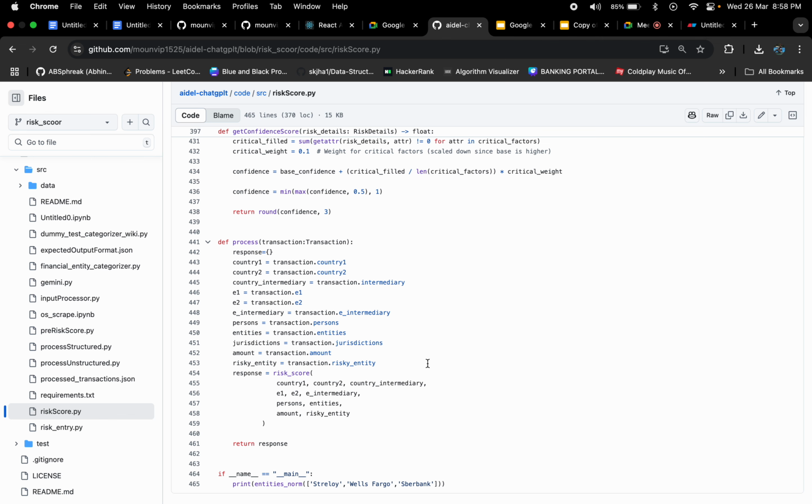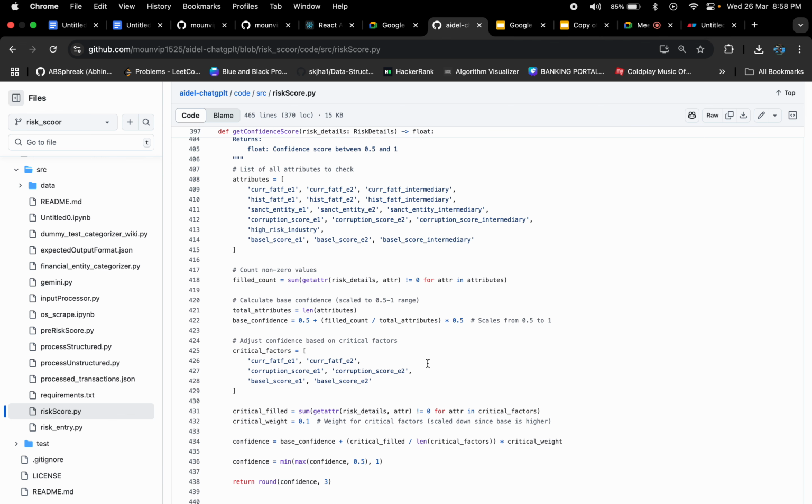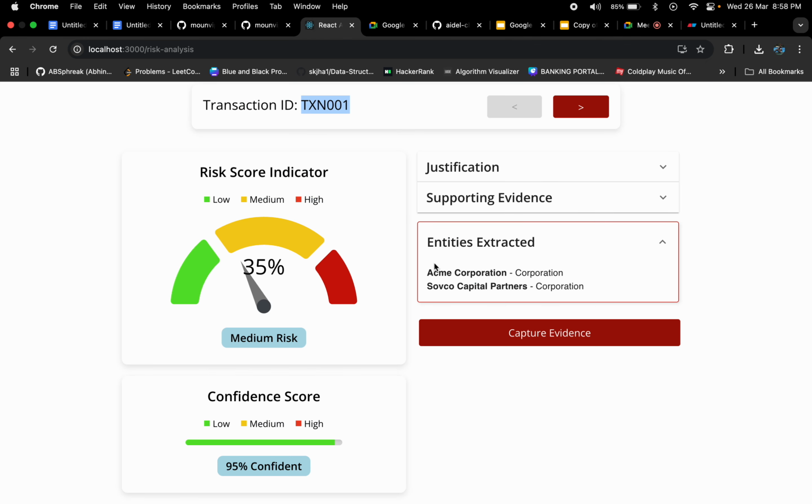By industry, we mean we try to extract what industry the particular entities belong to, and if they belong to industries like a trust, an NGO, or some financial institutions, then we associate higher risk to that, because there are many chances to launder money from those. That is the reason why we have given a higher weight to those.